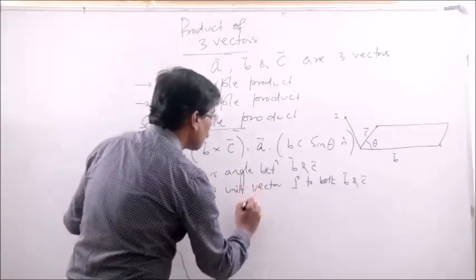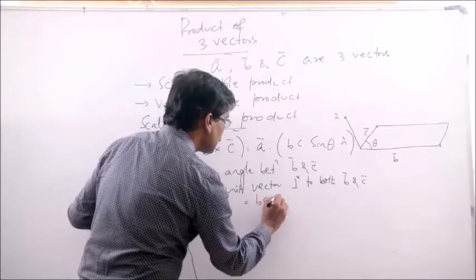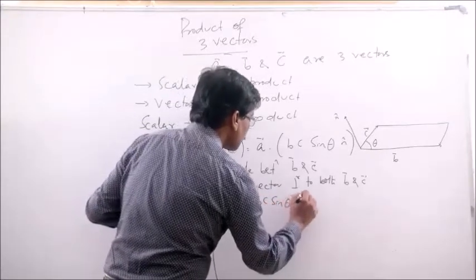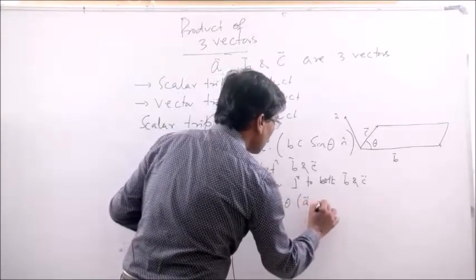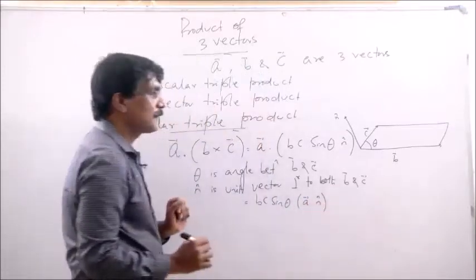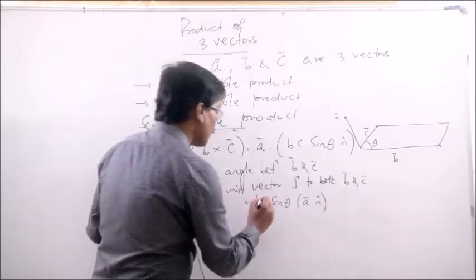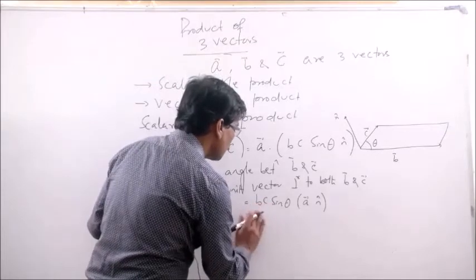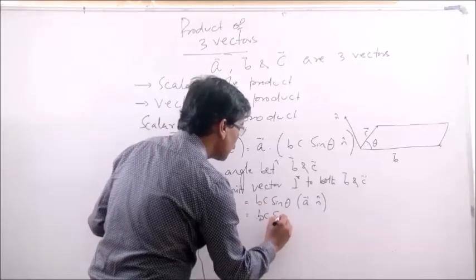Now, bc sin theta is a scalar quantity, we take it outside, a dot n cap.